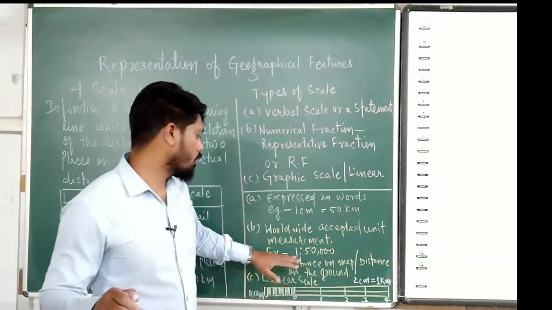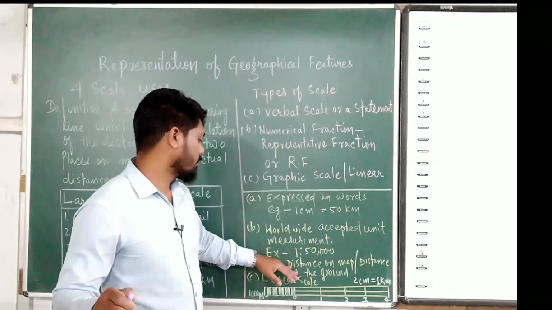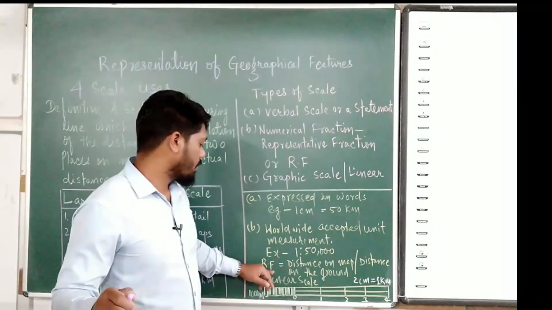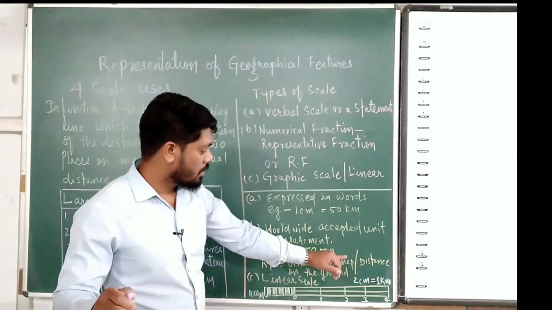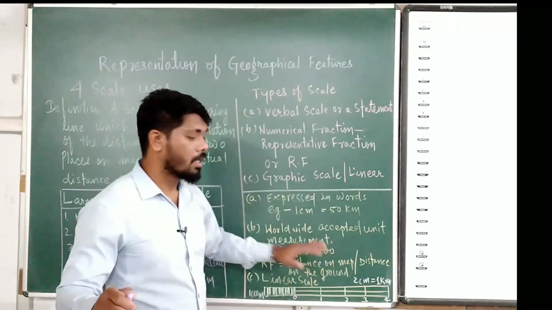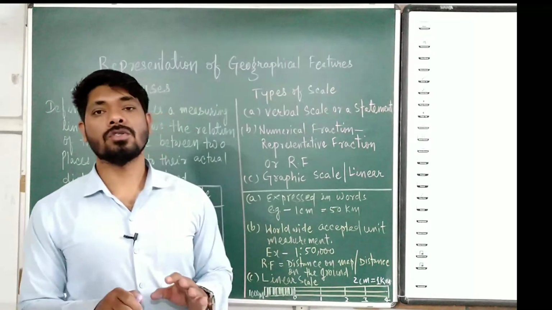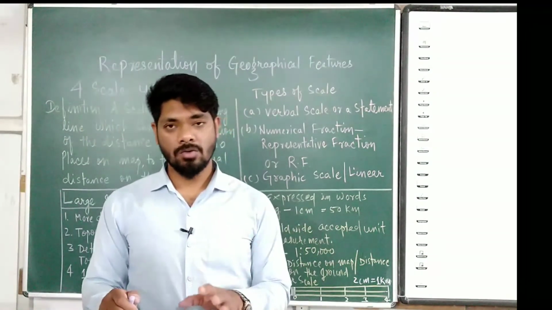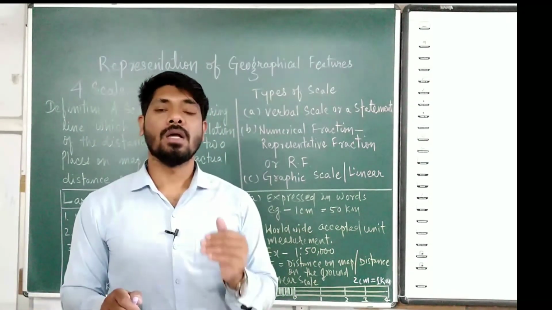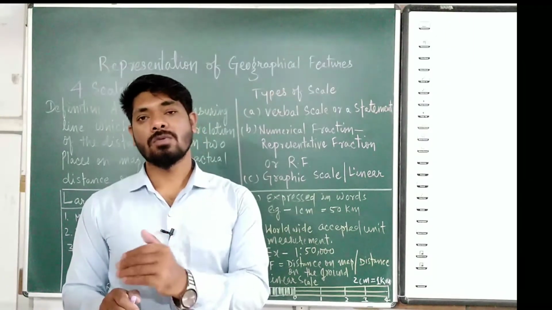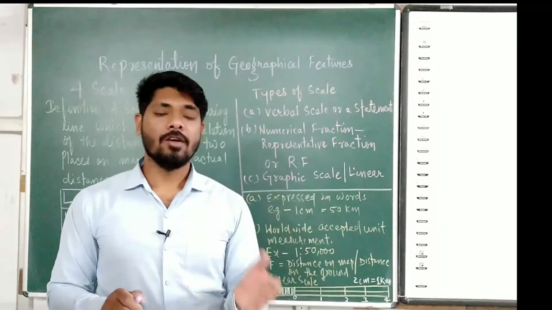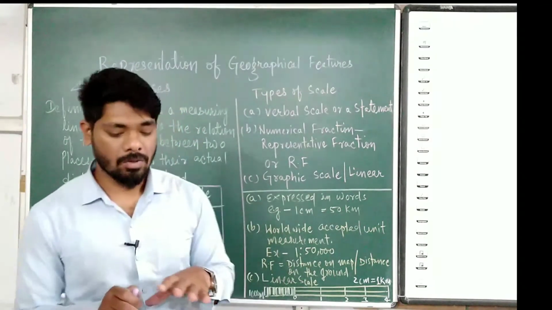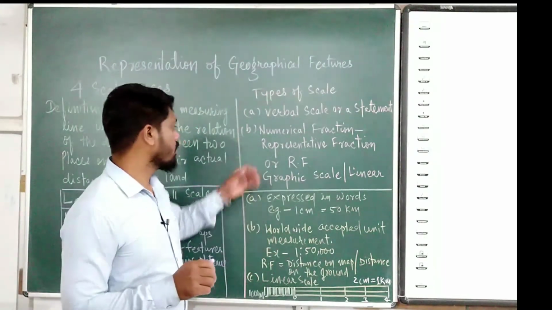The representative fraction is equal to distance on map divided by distance on the ground. So 1 centimeter on the map, 50,000 centimeters on the ground.